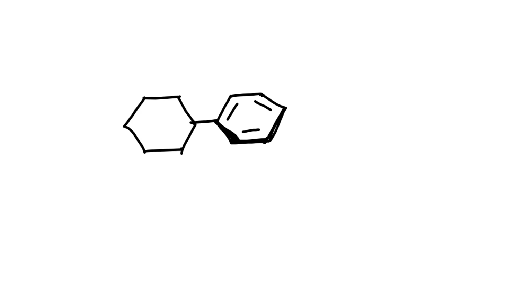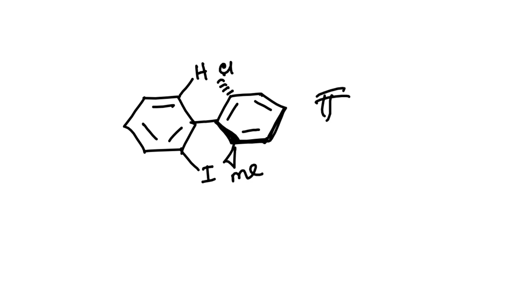Here let's say we have hydrogen, here we have iodine, here let's say we have chlorine, here we have methyl. Again we can either see the molecule from this side or from this side.